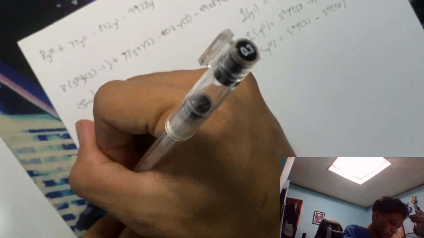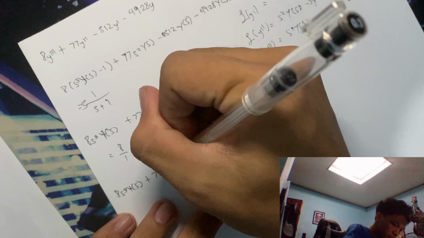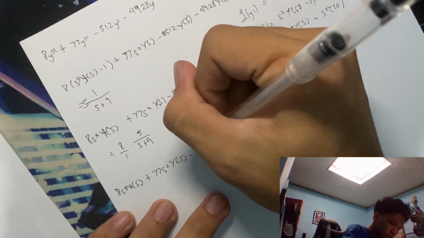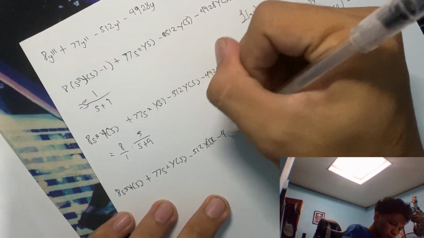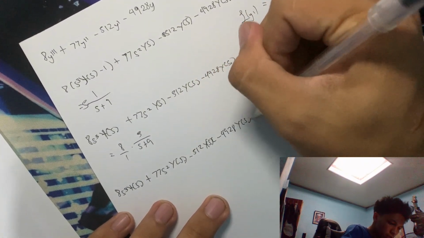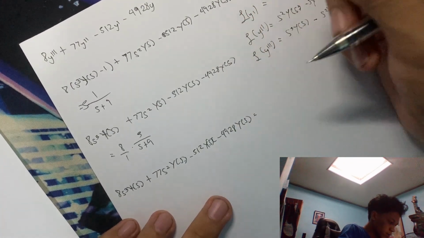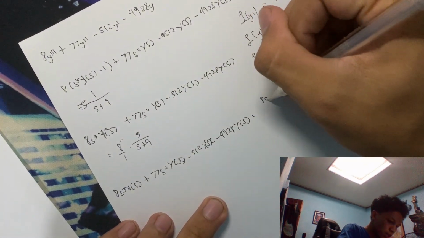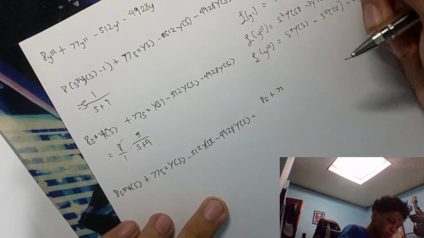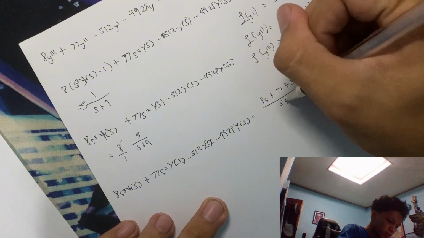So this will become 8s cubed Y of s plus 77s square Y of s minus 512 Y of s minus 4,928 Y of s is equal to, multiplying this, 8s plus 72 plus 5 over s plus 9.